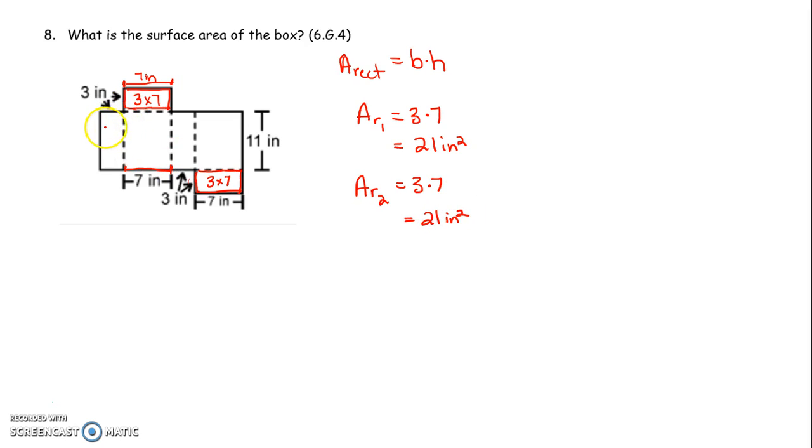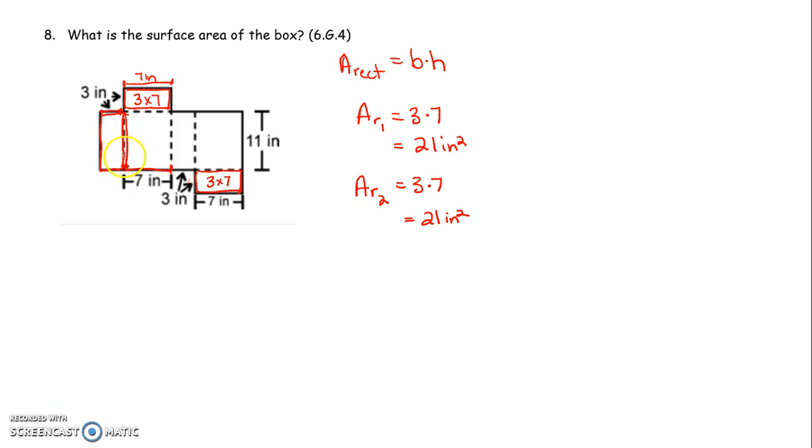All right, let's move on to another rectangle. Let's look at this little skinny rectangle right here. Well, they tell us that this is 3, so I know that that's 3. Then the big question is what's the length of this side? Well, if I look all the way to the left, if this is 11, guess what? This is 11, this is 11, this is 11.